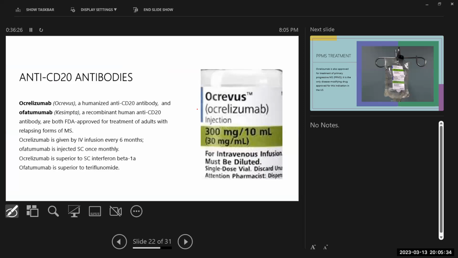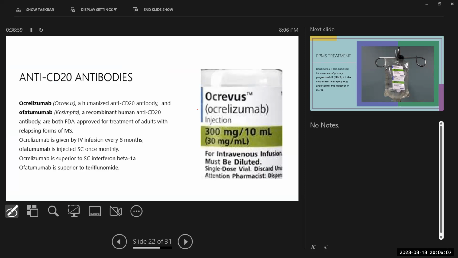Then you have the anti-CD20 antibodies. CD20 is a protein found on the surface of B cells. This will therefore deplete those active mature B cells that are ready to get after your CNS. There are 2 of these, ocrelizumab and ofatumumab. Who names these things?